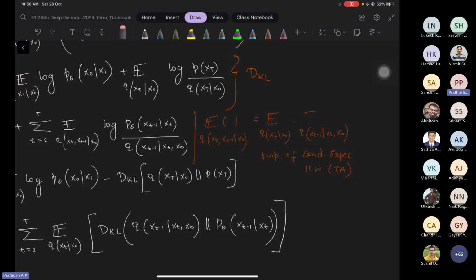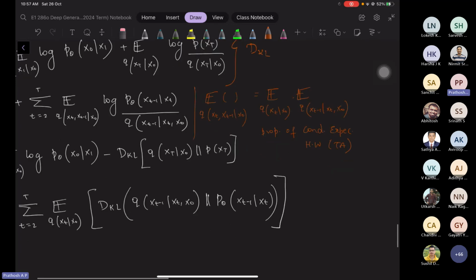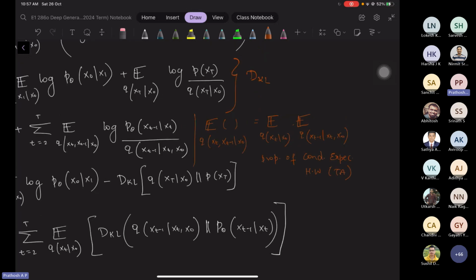Now, if I write this expectation as a product of two expectations, the outer expectation is still around. Whatever is the inner expectation, you will have an expectation over q of xt minus 1 given xt and x naught of log of p theta of xt minus 1 given xt divided by q of xt minus 1 given xt and x naught. That is the negative of KL between these two distributions, isn't it?